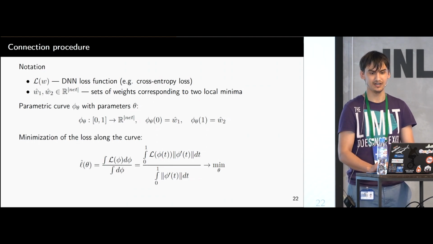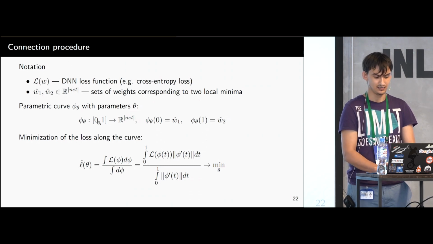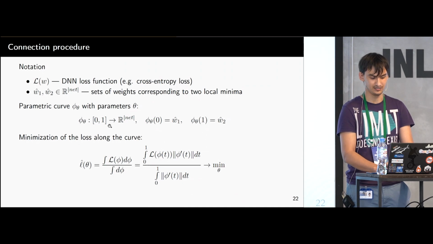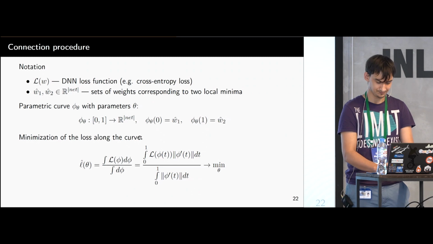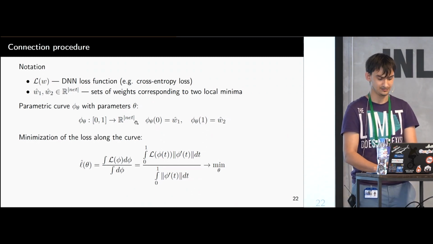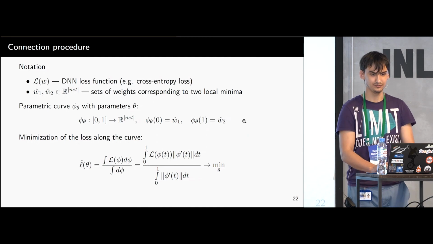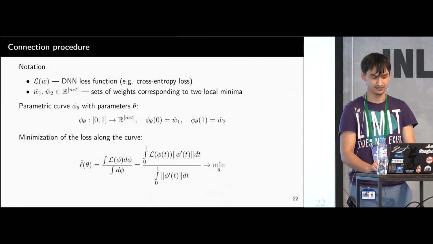Then you define a parametric curve phi with parameters theta, a mapping from the segment [0, 1] to the weight space of the neural network, such that this function at 0 coincides with W1, and at 1 coincides with W2. And then you minimize the loss along this curve.